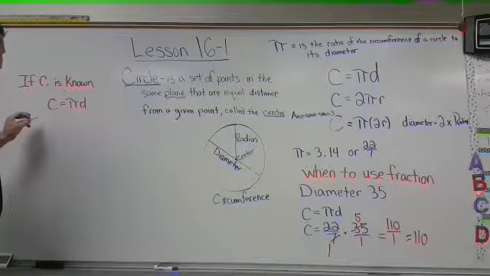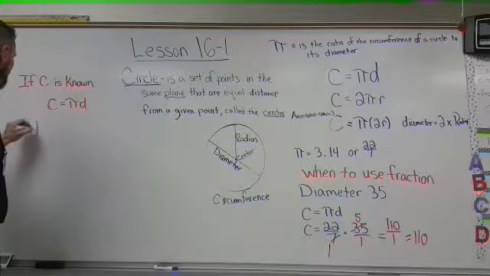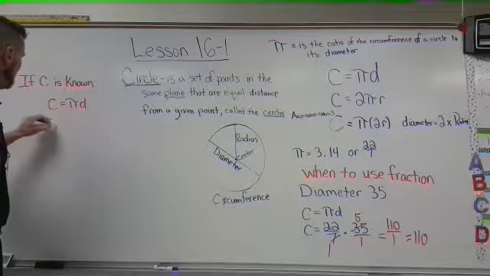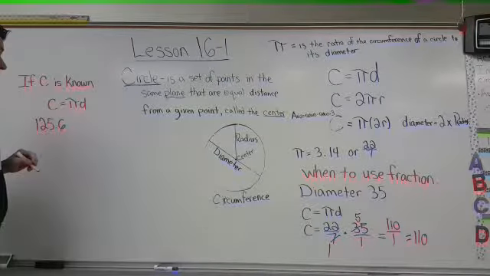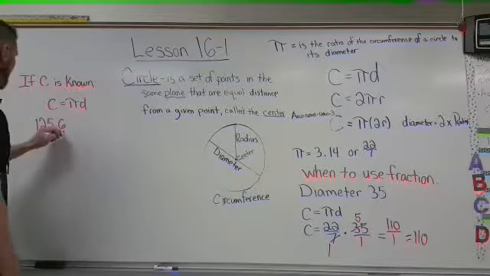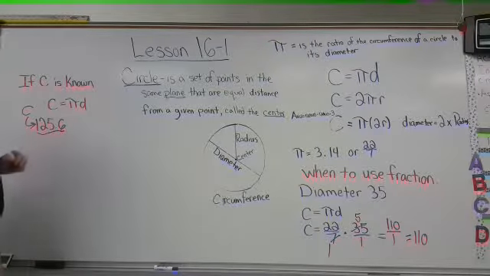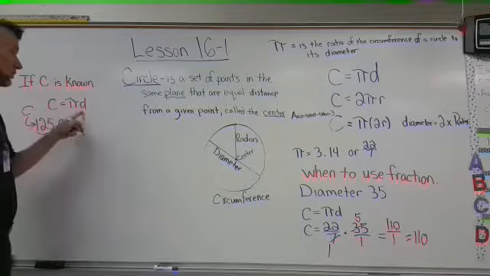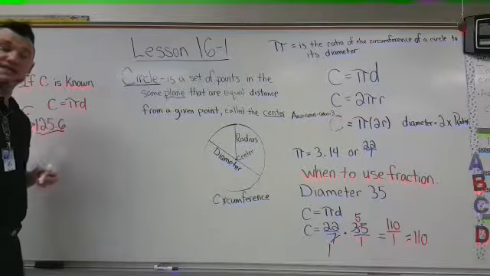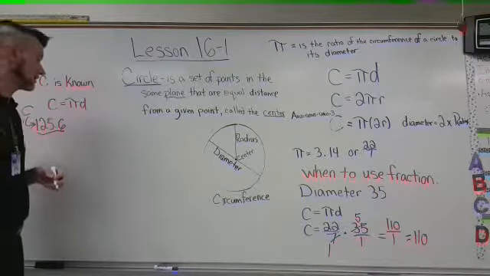So say we have a circumference that is 125.6. So now, we will fill that information in. But first, we need to find the exact formula that we need to use. So we're going to take C equals pi times D, and we need to get D all by itself, because the diameter is what we are looking to find.